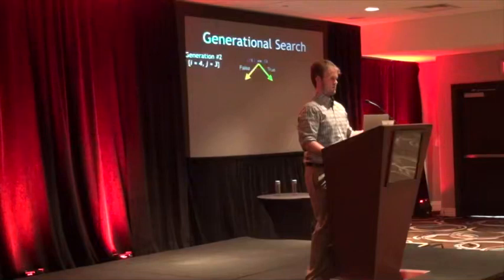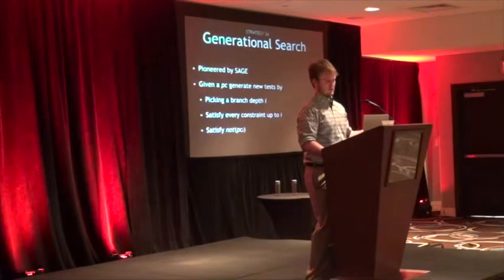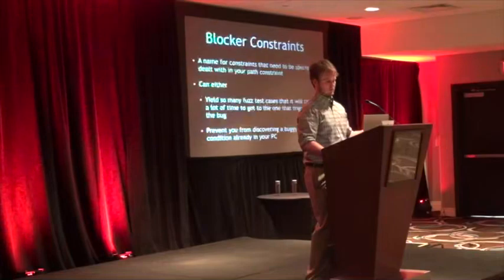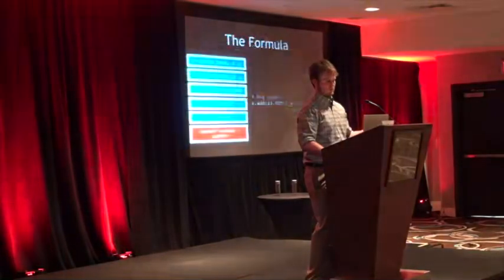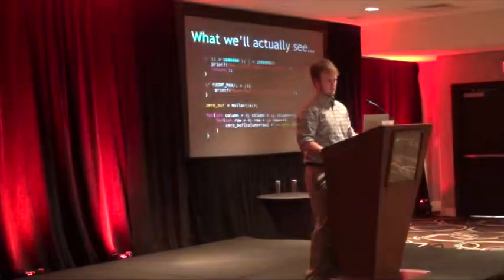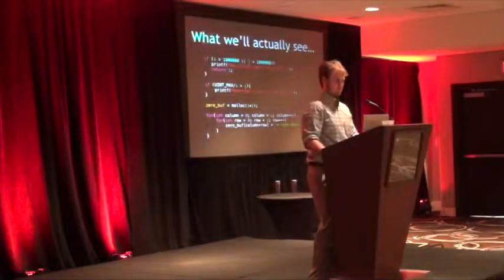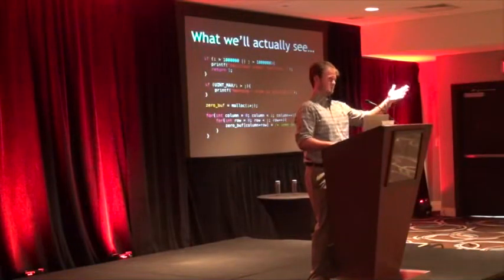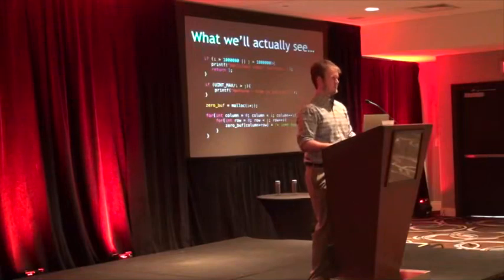Now, another case that generational search will get caught up on is, imagine that the valid integer overflow check, UINT_MAX divided by i greater than j, is, let's say, 20 branches before that malloc.